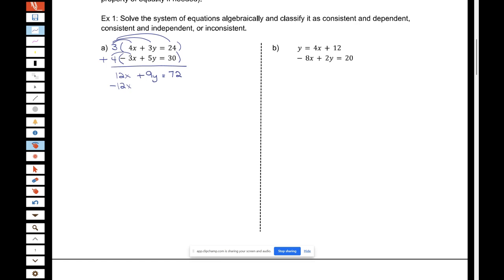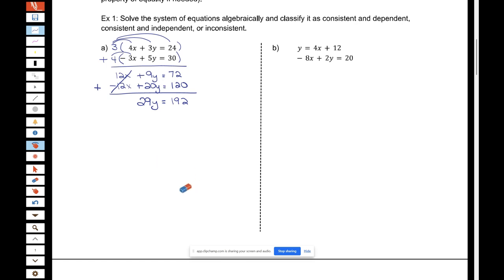72. 120. Okay, so now my x's cancel when I add the equations together. I get 29y equals, of course, 120 plus 72 would be 192.